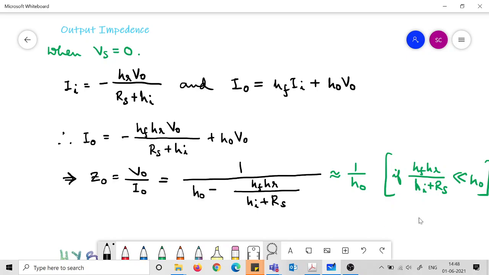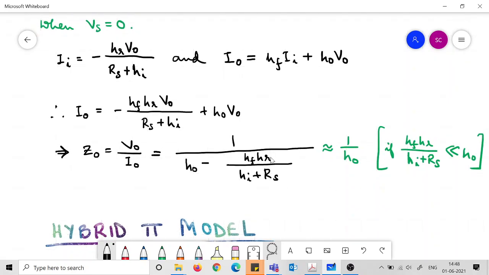And now if you employ the approximation that this term is much less than this term, now you notice that H0 is already small, HR is also small. So one small quantity is compared with another small quantity, but as a whole it may turn out that this quantity is quite small compared to this quantity.